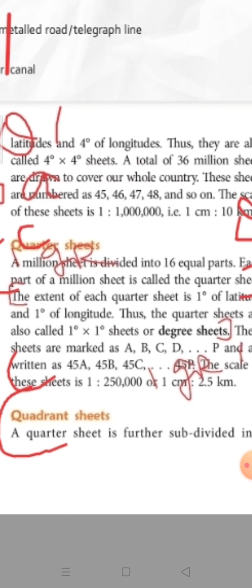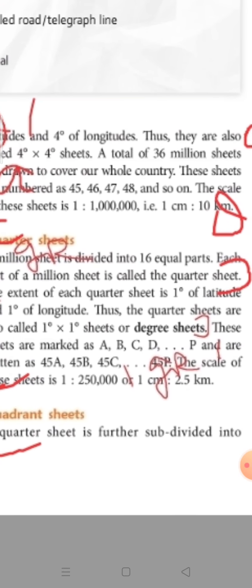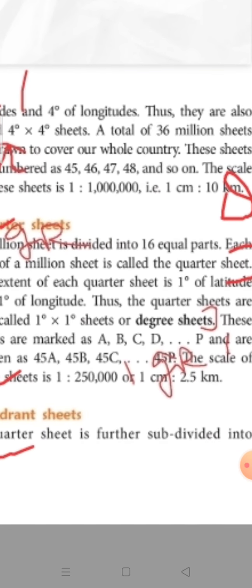Under this you can see a million sheets. From this you can write: the extent of each quarter sheet is 1 degree of latitude and 1 degree of longitude.